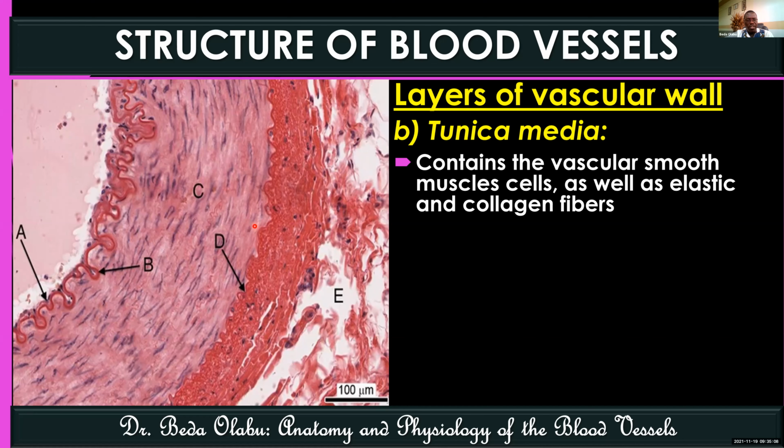This image captures that. This is the tunica media, which contains vascular smooth muscle. That's how smooth muscle looks like. It also contains collagen fibers and elastic fibers within this region.